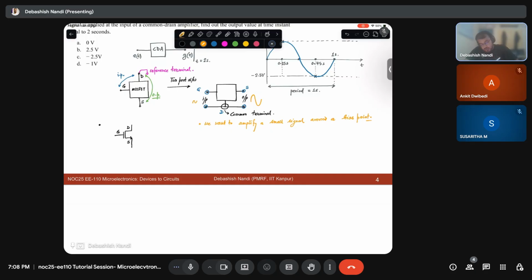Okay. So in the small signal sense, your independent voltage source is replaced by, in small signal analysis, what does your independent voltage source become? DC voltage source.